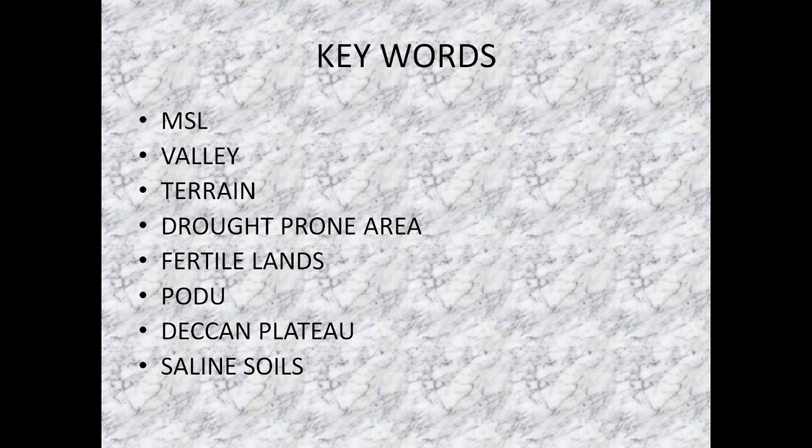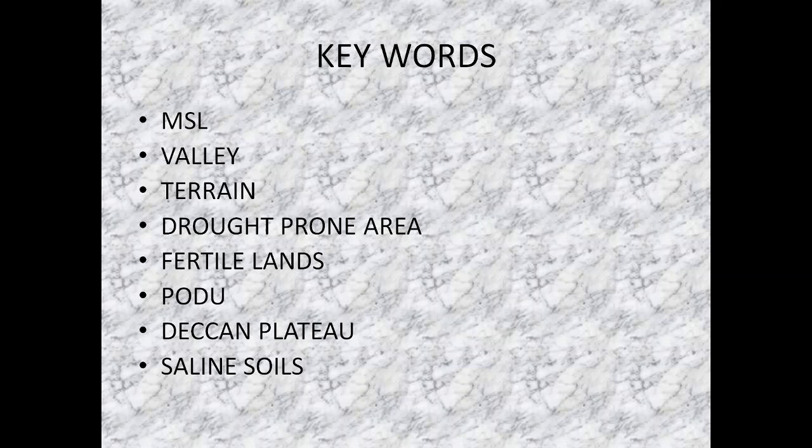For example, drought prone area, where there is very little rainfall on average, less than what is suitable for cultivation. Since the land is not suitable for cultivation, the area is known as a drought prone area. Similarly, fertile lands are the lands where rainfall and water sources are available because they are situated on the coast. So those lands are called fertile lands.